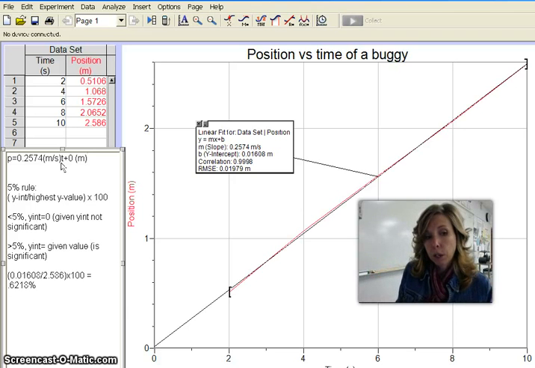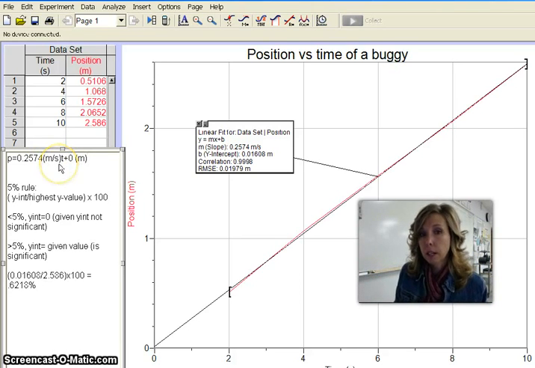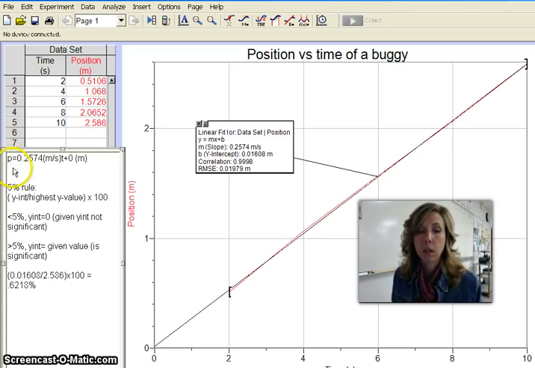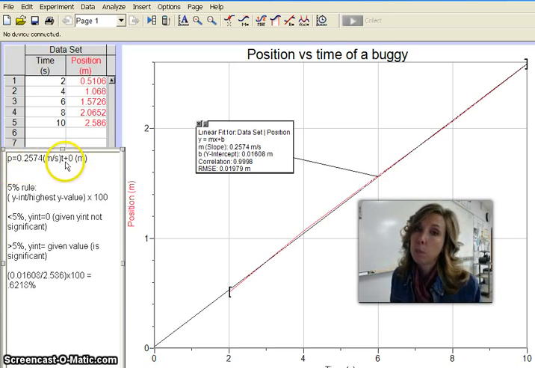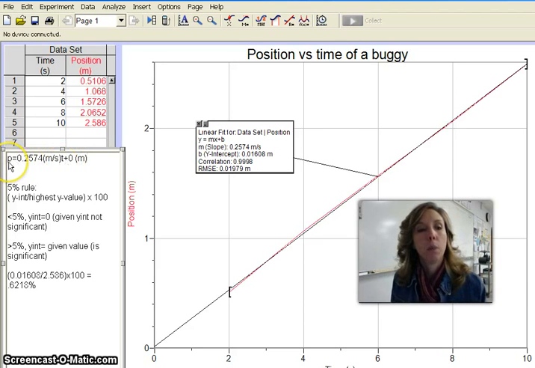I would put in 20 here for time and calculate out the change that would occur for every second, or 100 seconds, or 1,000,000 seconds. I know the relationship, so we can use this to predict. Or maybe I want to know at what time the buggy would be at a certain position. I could put in 1,000,000 meters, and I could calculate the time it would take to go 1,000,000 meters.